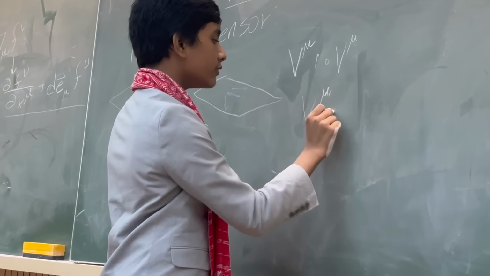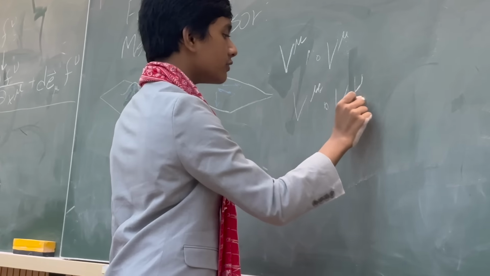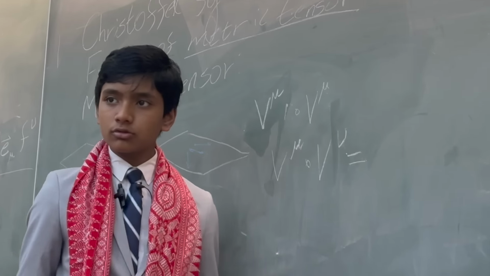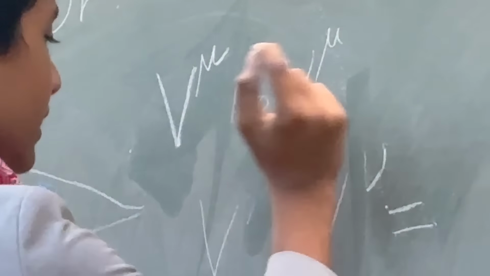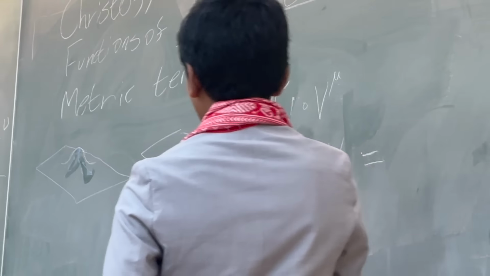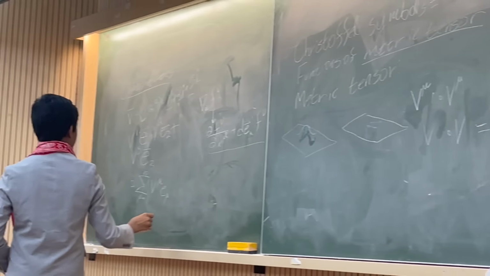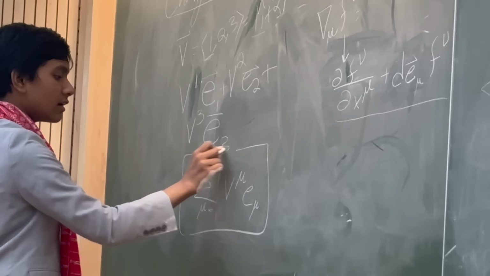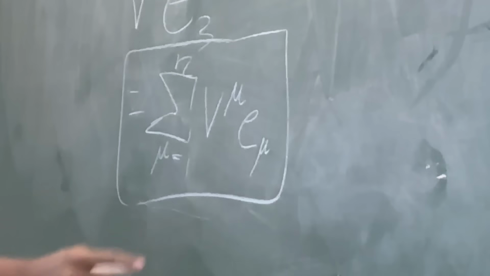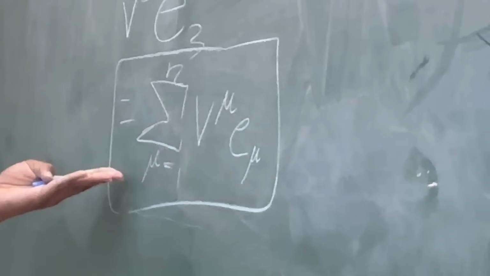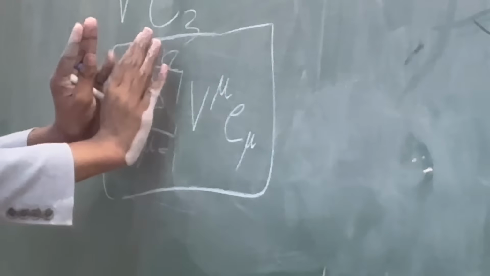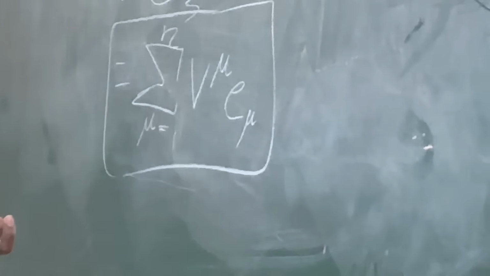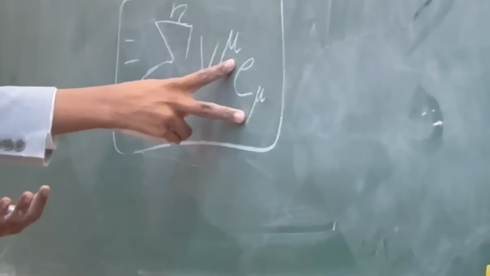So we have v dot v is going to be equal to, as we said before, we can express a vector like this, v mu e mu. And of course, what we do in Einstein summation notation is we kind of hide these sigmas. But we know that we're summing over something.